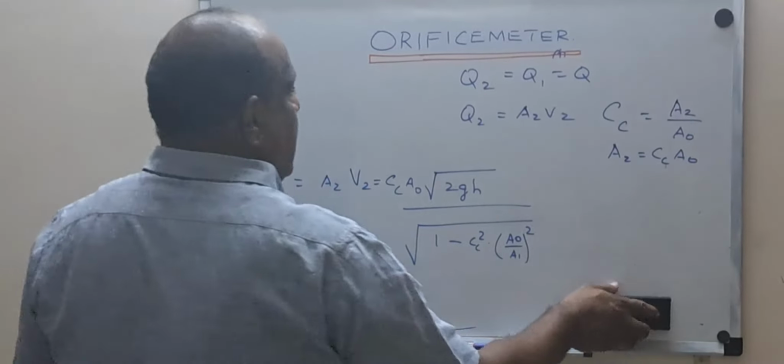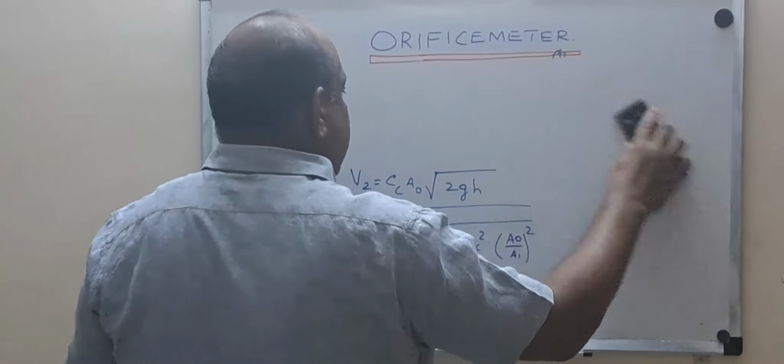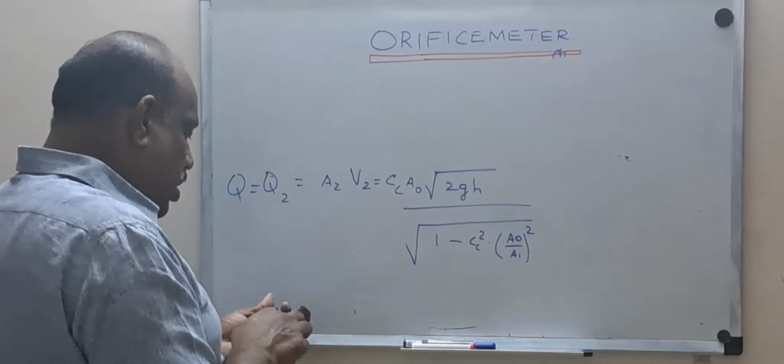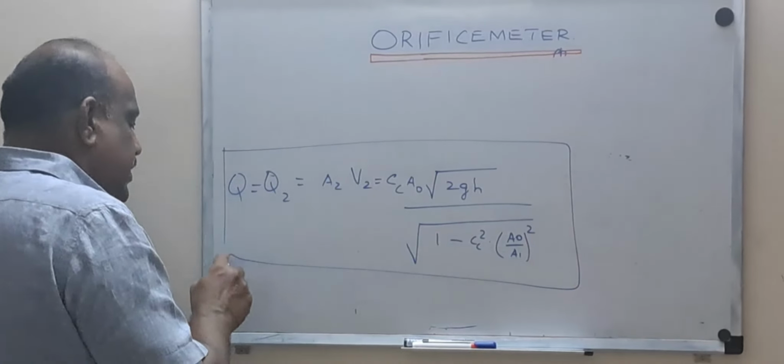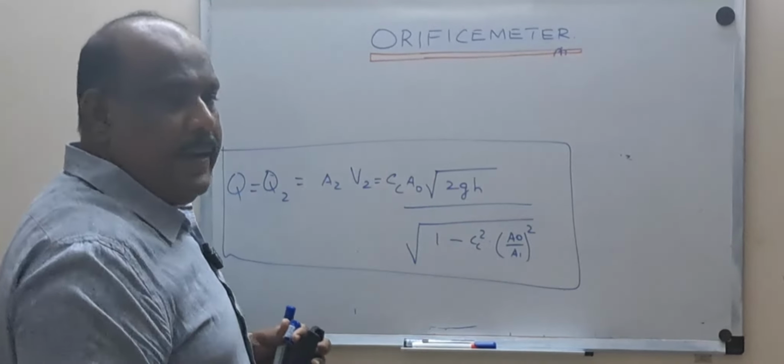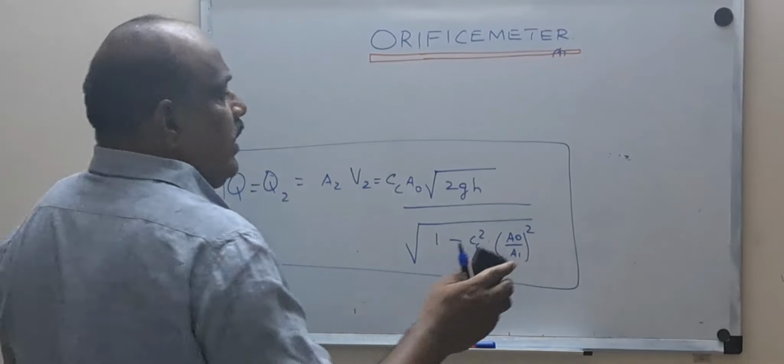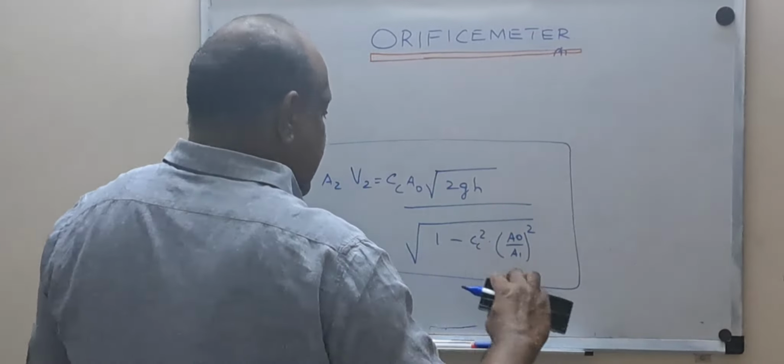Just a minute. We are about to complete now. This is also fine. If you want, you can put a box for this also. If in the problem they are giving Cc, directly you can use this formula and solve it. But if Cc is not given and they give Cd, then how to find it?